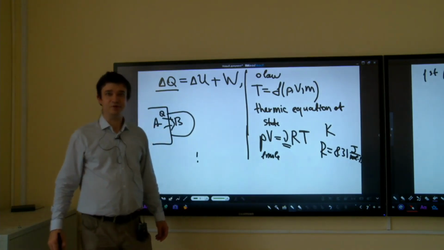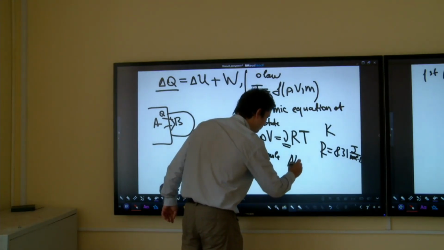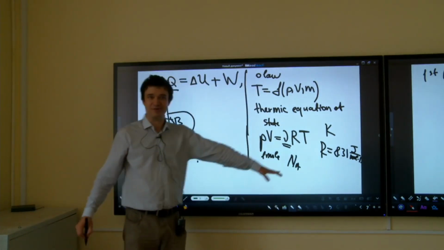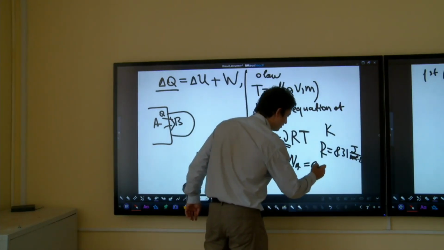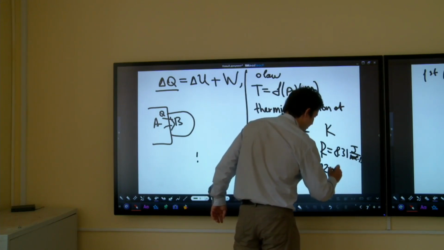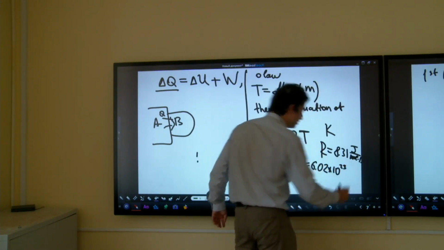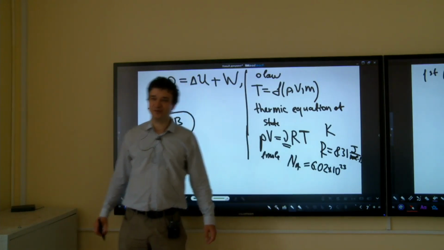Yeah, that's a huge number of molecules, which is called the Avogadro number. When you have the Avogadro number of molecules, then you have 1 mole of matter. The Avogadro number is 6.02 times 10 to the 23. And that's a huge amount of molecules.